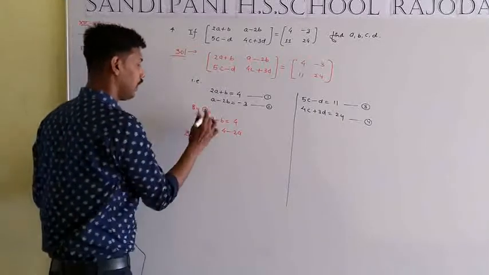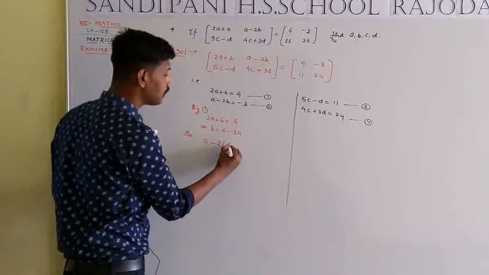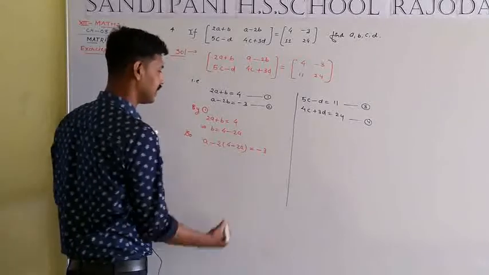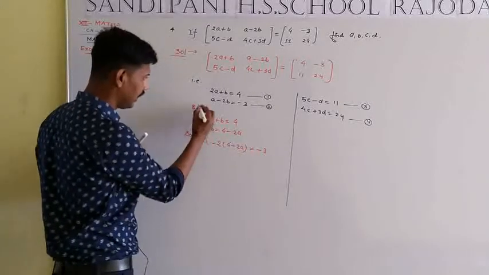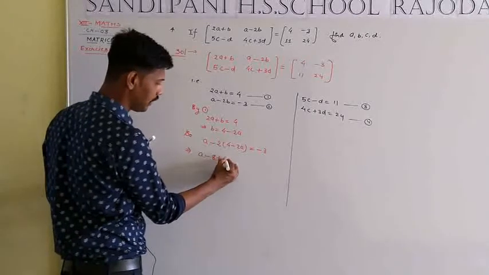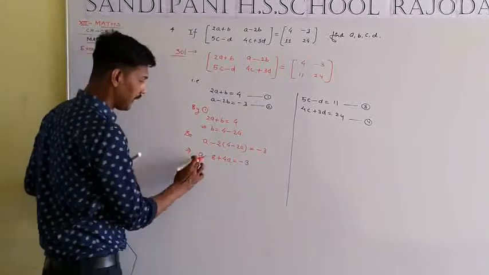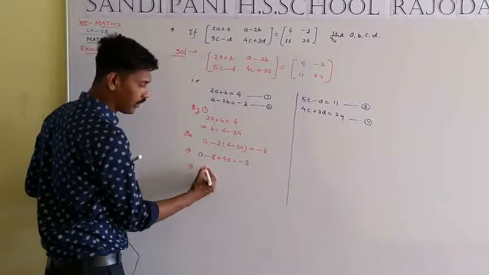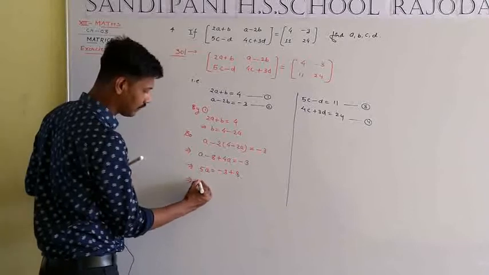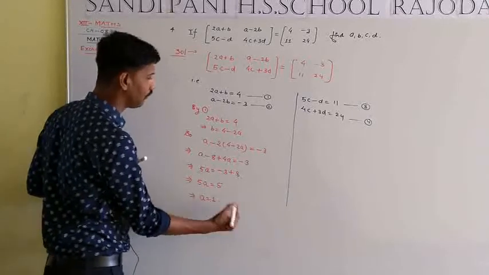So a minus 2b, where b is 4 minus 2a, will be equal to minus 3, such that a minus 8 plus 4a equal to minus 3. A plus 4a will be 5a, minus 8 converted into plus 8, so 5a equal to 5, so a will be equal to 1.